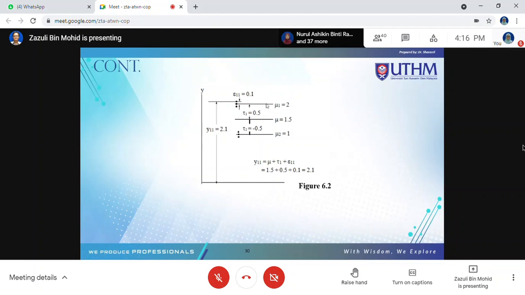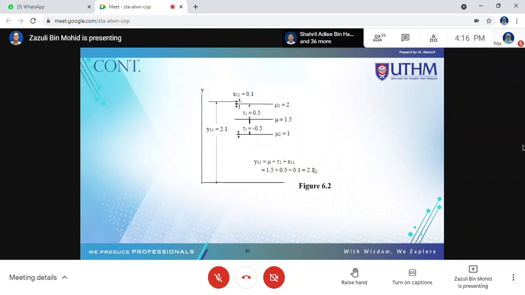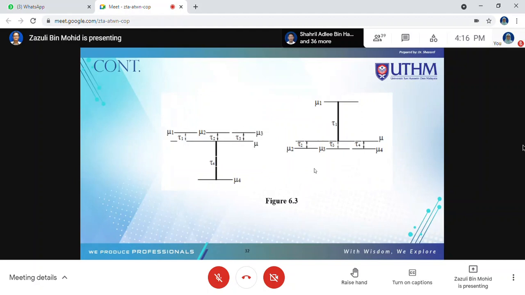Okay, so this is also showing that in this case the tau is quite balanced, whereby the mean is in the middle and you have the error at the upper side and the bottom side. So it is a balanced error. Okay, just want to show that.